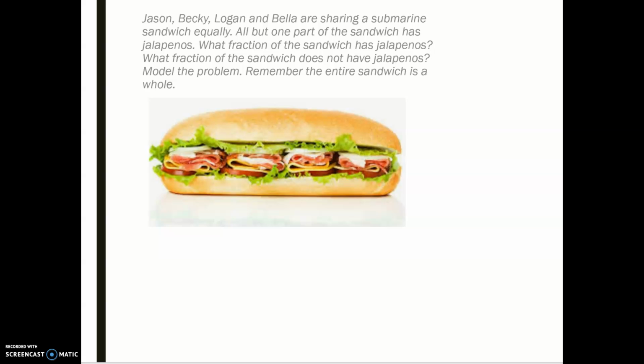And all of the sandwich has jalapenos except for one part of it. So what part of the sandwich has jalapenos? How many people were there again, just to make sure? 4 people. Okay, then 3 parts of the sandwich have jalapenos. And how would you represent that in a fraction? 3/4. Yes, perfect.